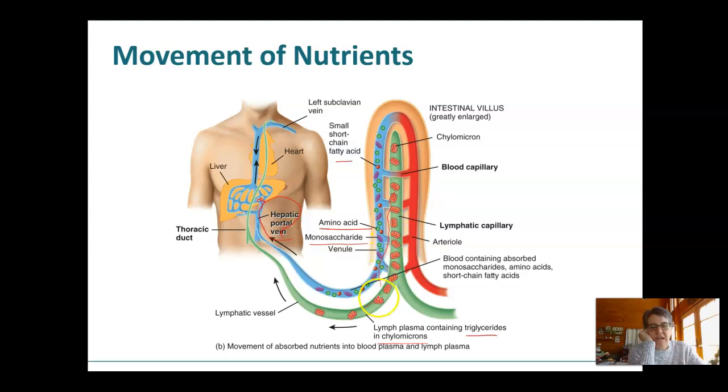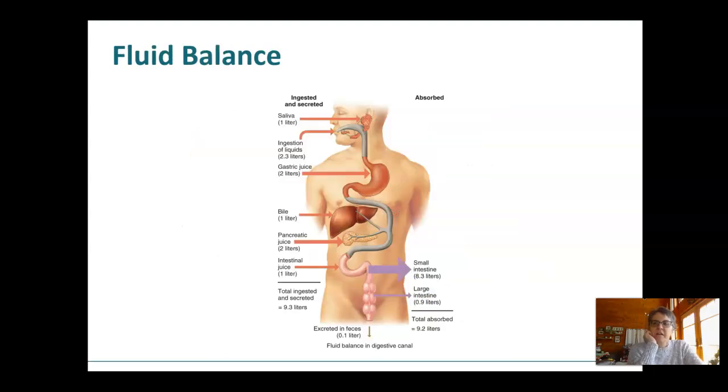That's this green guy. And this travels through all your lymph nodes, enters into the subclavian vein, to the heart, and then would get to the liver via the hepatic artery. Okay, I like this picture.